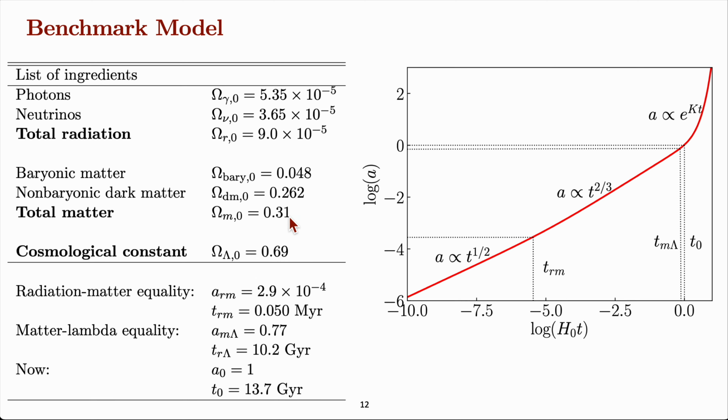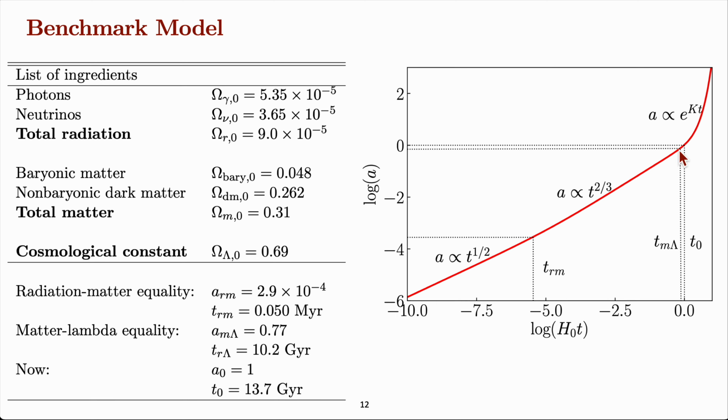And using this, you use the Friedmann equation. Then you solve this Friedmann equation numerically. You cannot do it analytically in this case. And then you have this red curve from the very early universe to today, right there.